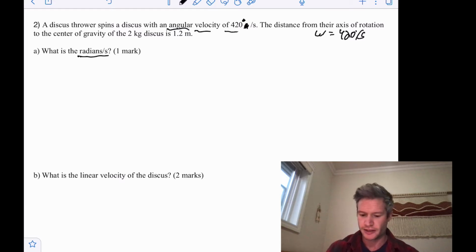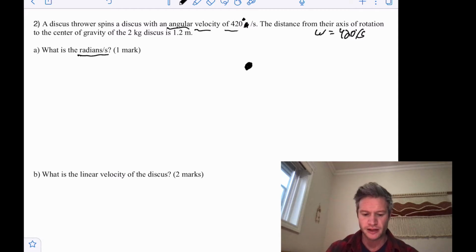Let's get back to it here. So again, I'll have that little center looking down at the top of the head of the thrower. They give us that rate at which they're traveling, and we'll see the distance from their axis, the axis point looking straight down of rotation, all the way out to the center of gravity of the discus.